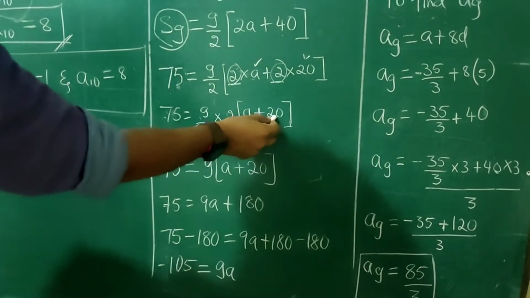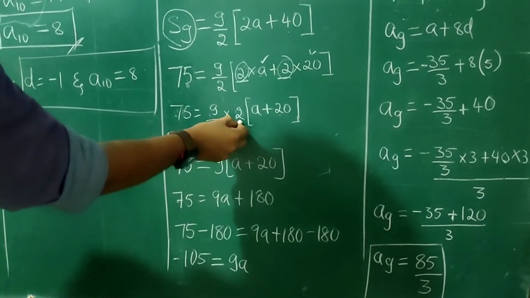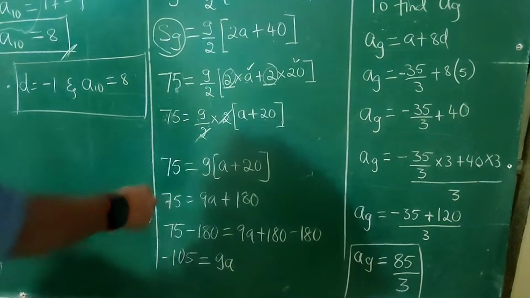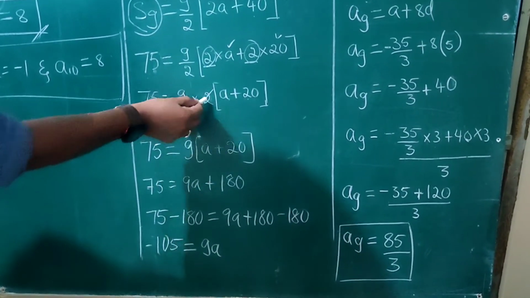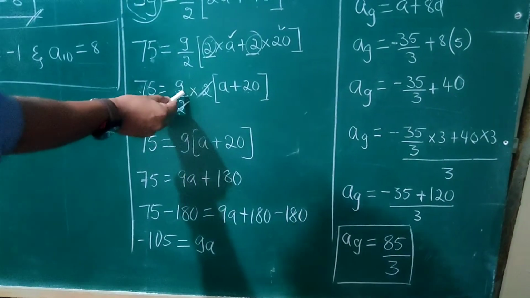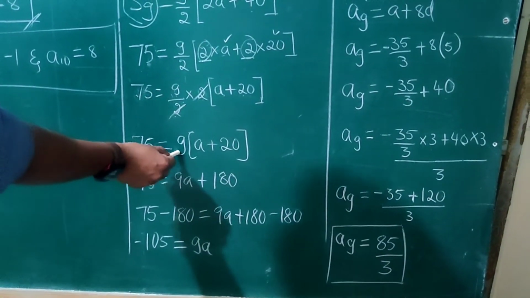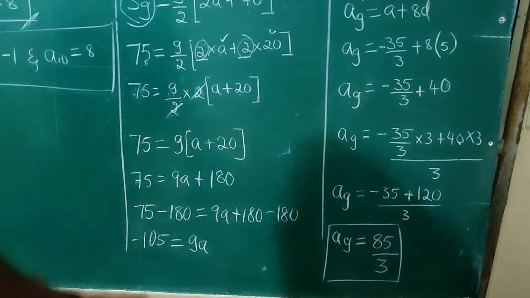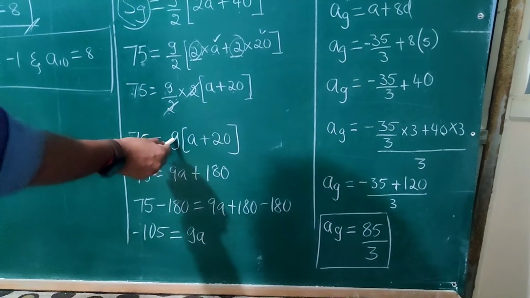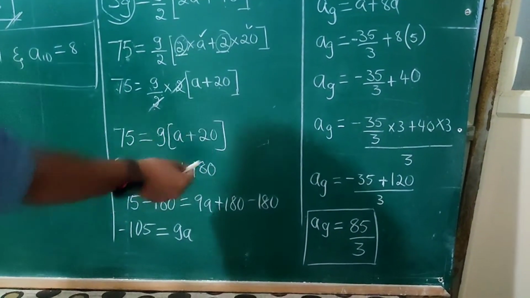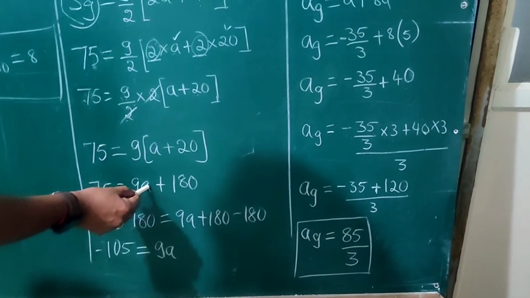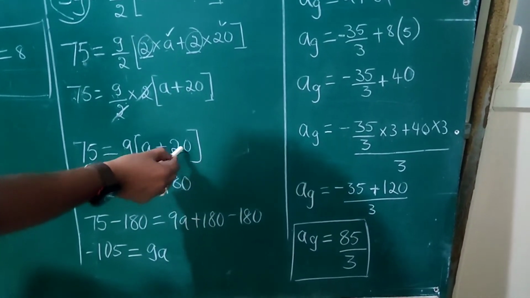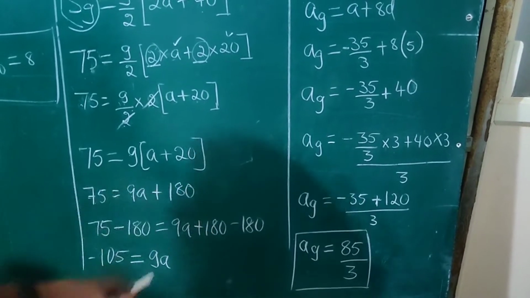So we write A plus 20 and the common factor 2 removed, so we can cancel 2 and 2. Now 75 is equal to 9, kept as it is, into A plus 20. Now multiply this 9 with A plus 20, so that 75 is equal to 9A plus 9 times 20, which is 180.